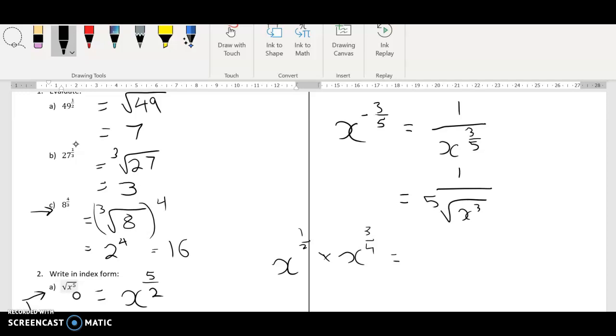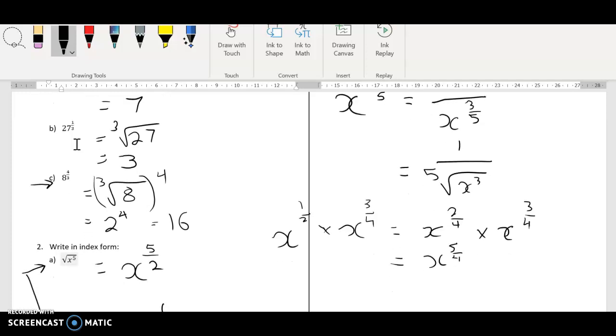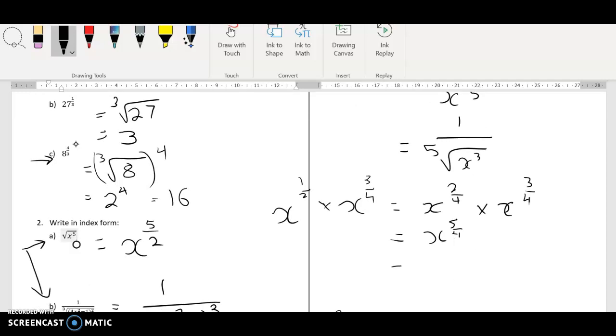So in this case, x to the half is the same as x to the 2 over 4 times x to the 3 over 4. And so if I add those together, I would have x to the power of 5 over 4, which if I wanted to, I could write as the 4th root of x to the 5. Okay, good luck.